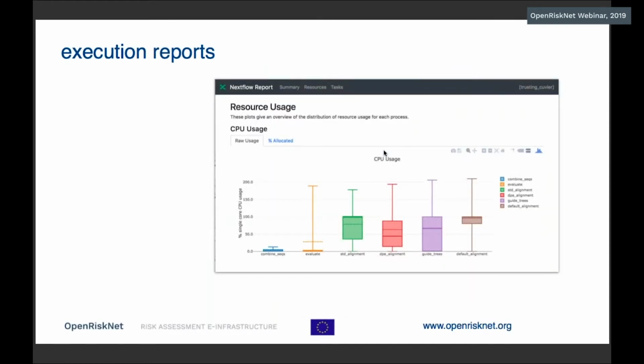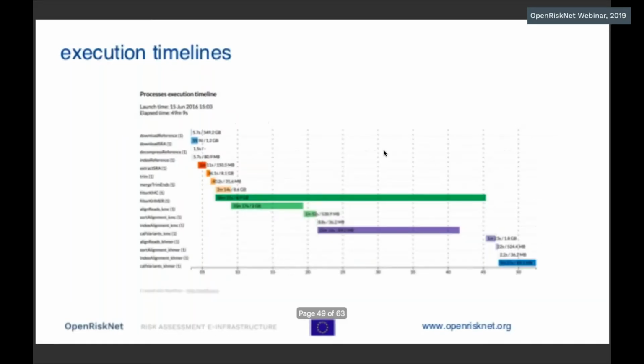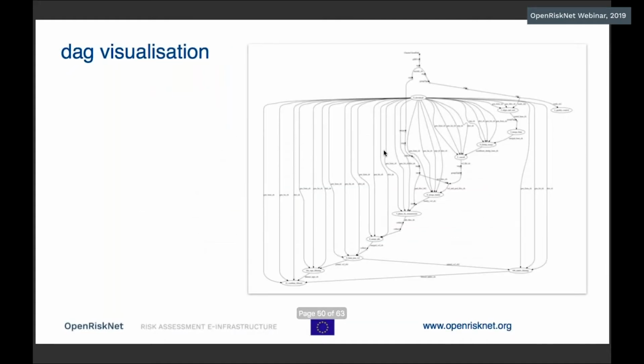You can determine resource usage, in this case the CPU usage depending on the process, and tracking of the tasks so that you can look back and see what's happened. There are timelines, so you get a visualization of which task is taking so much time and how much resource it's using, and then a visualization of the whole workflow like we saw before.